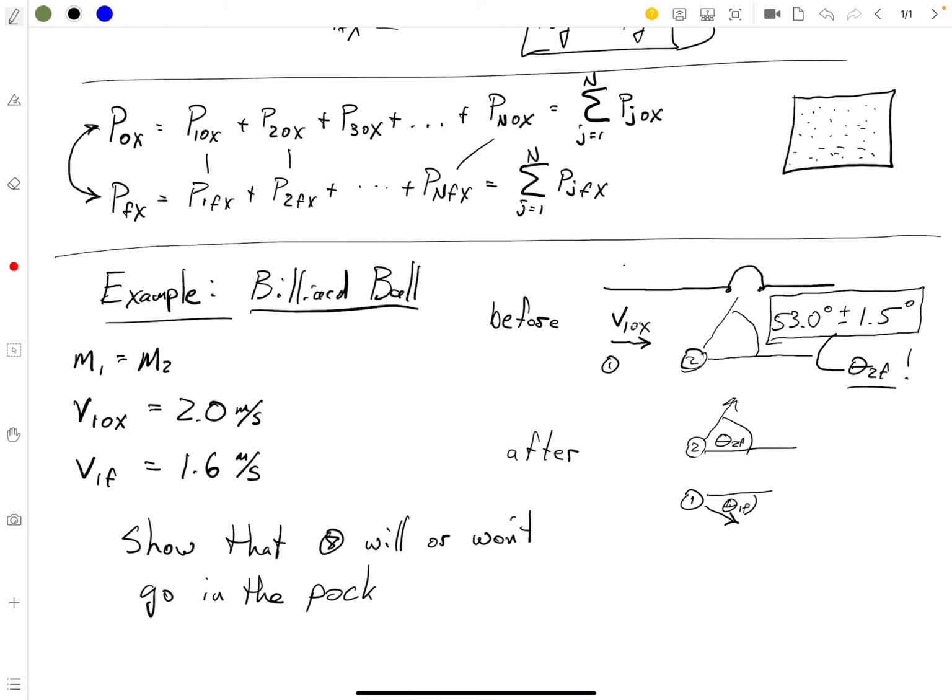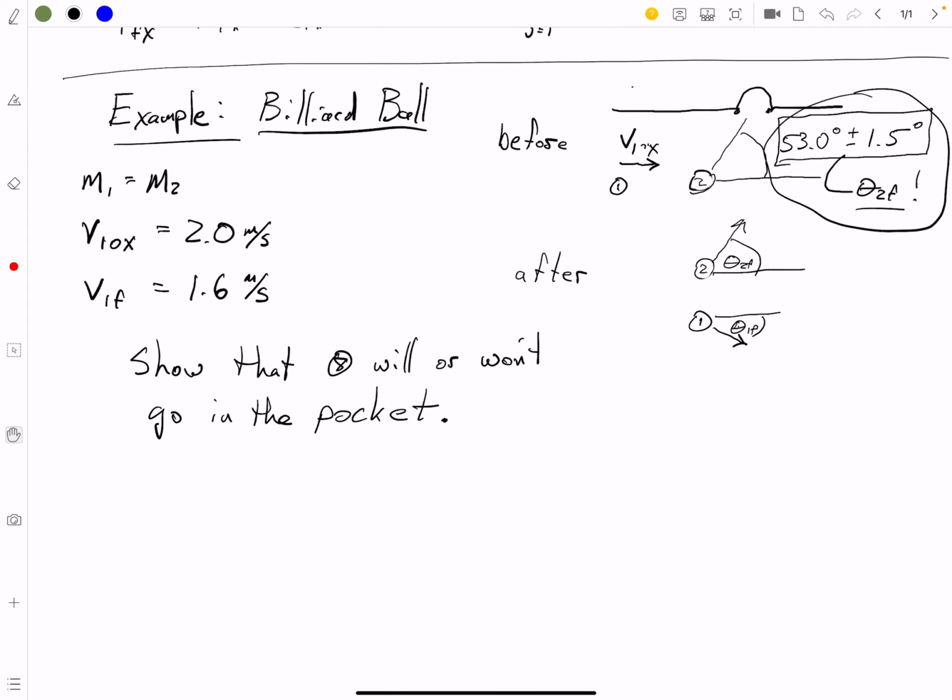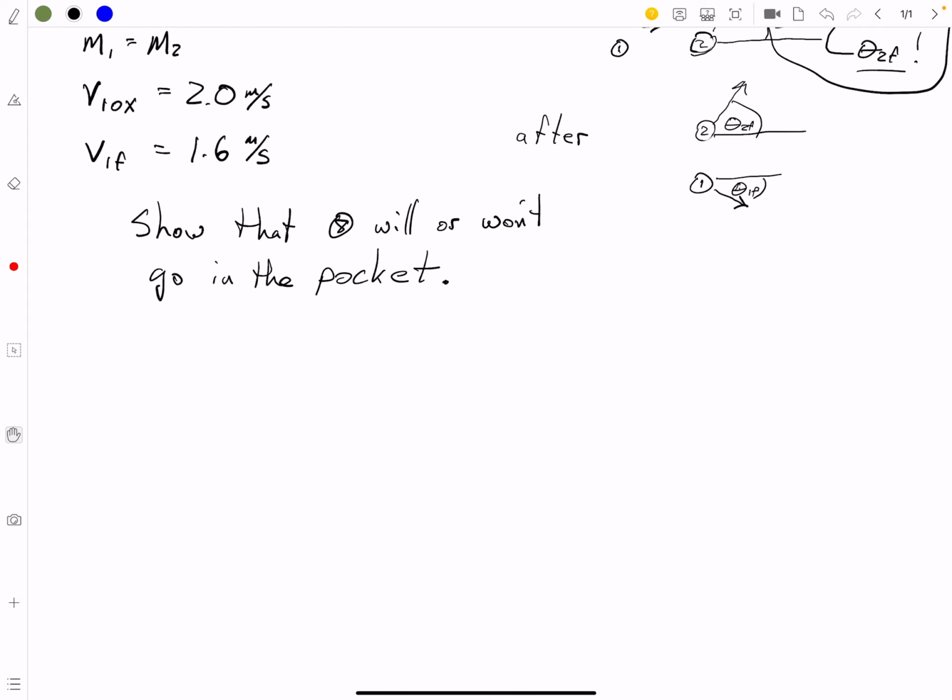And for us to say that it will or won't, we have to do this. Okay? We have to show theta 2 final is within that 53 plus or minus 1.5 degrees. All right, that's our goal. So let's see if we can do that.